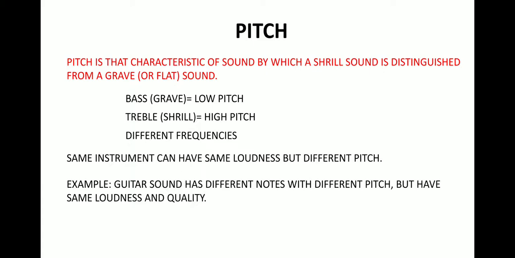Although when we listen to this guitar sound, we can make the difference between two different notes, because the pitch in the sound of the guitar is different. Sometimes it is higher notes, high pitches, and sometimes it is lower notes. So the same instrument with the same loudness can produce different pitch because of different frequencies of the notes.